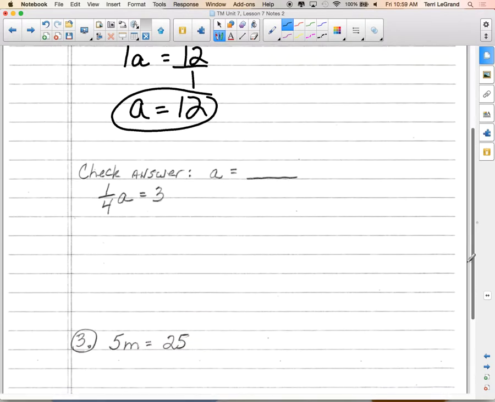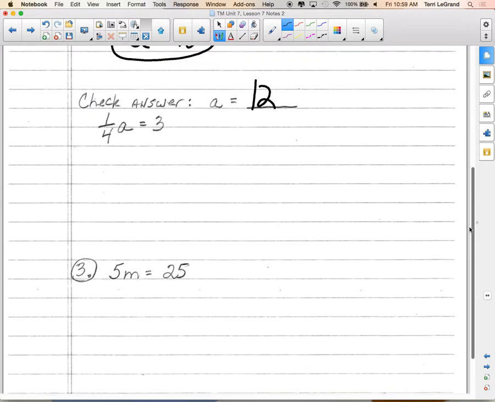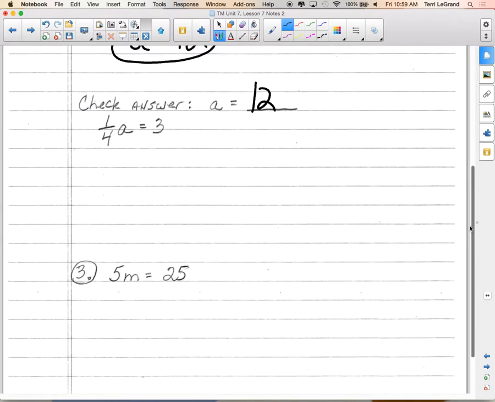So we're going to check our answer. We think the answer is A equals 12. So we're going to check ourselves out. So we have 1/4. We're not solving, we are checking, and in checking we substitute.